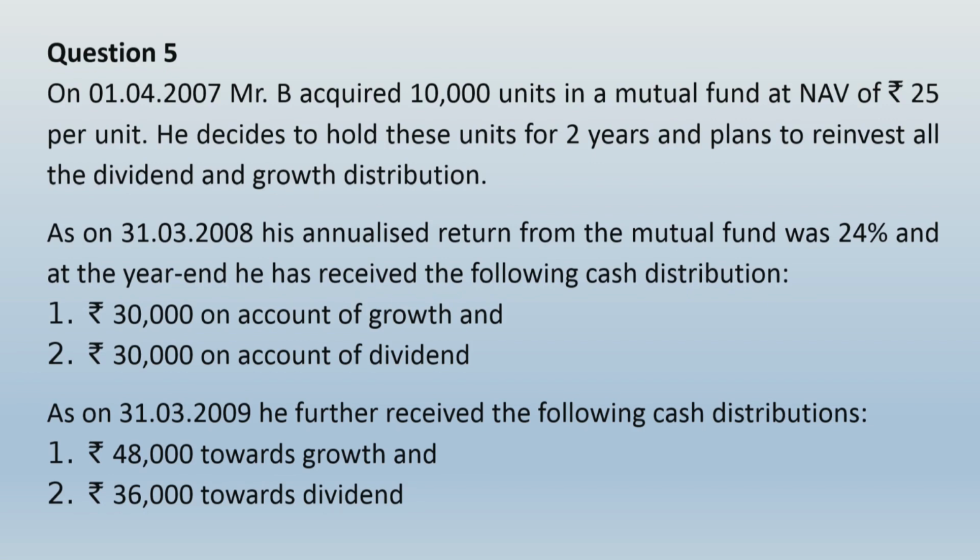As on 31/3/2008, his annualized return from the mutual fund was 24%, and at the year end, he has received the following cash distributions: 30,000 on account of growth and 30,000 on account of dividend. As on 31/3/2009, he further received the following cash distributions: rupees 48,000 towards growth and rupees 36,000 towards dividend.